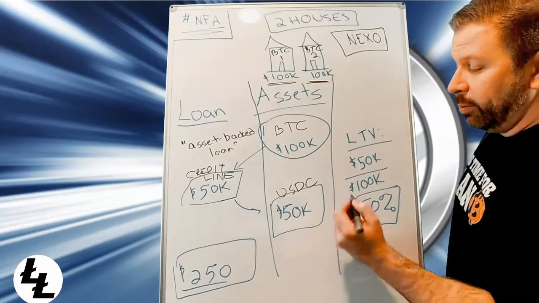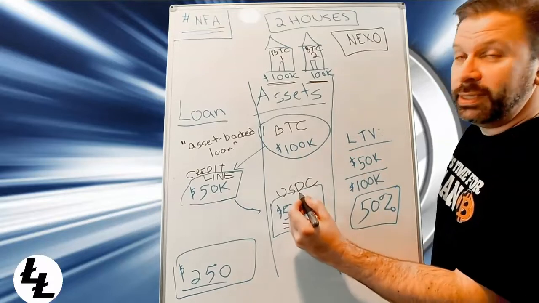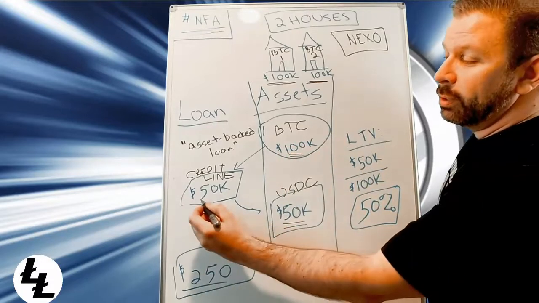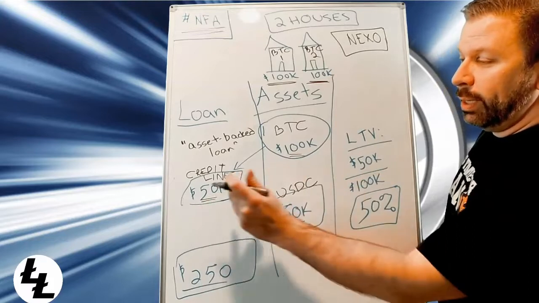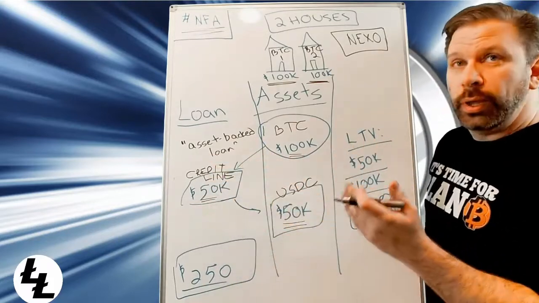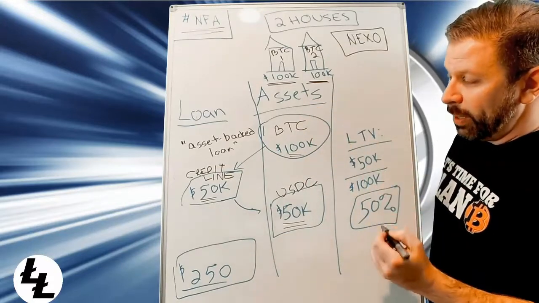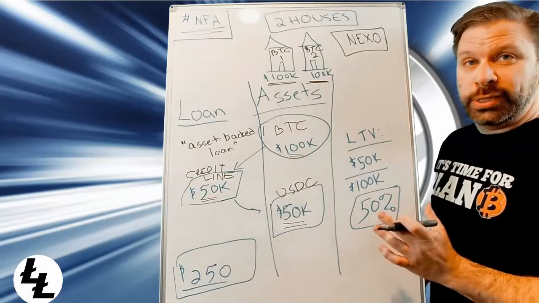And my loan to value is still 50 over 100, because I have $50,000 worth of USDC and I have $100,000 of an asset. My loan is $50,000, even though it's a credit line. I've used it all. So 50 over 100 means my loan to value, if I pull all my credit line out, is 50%.